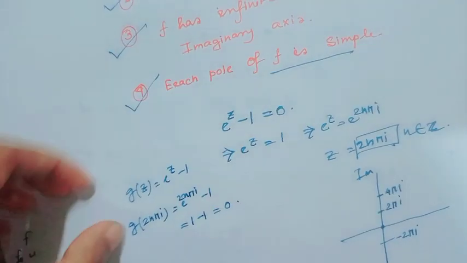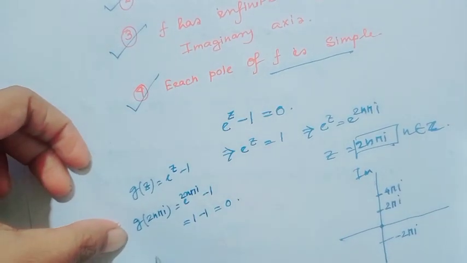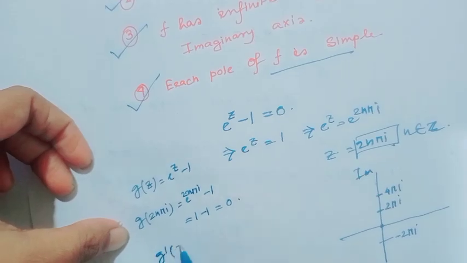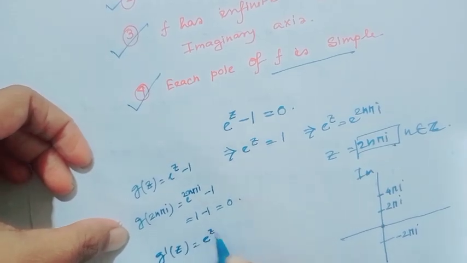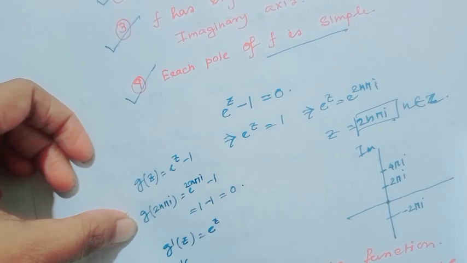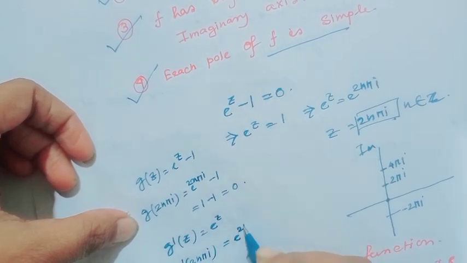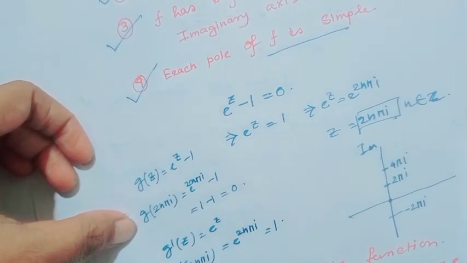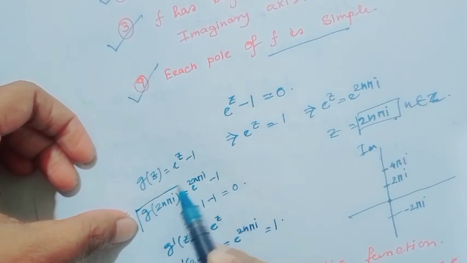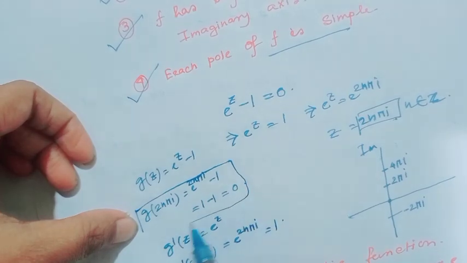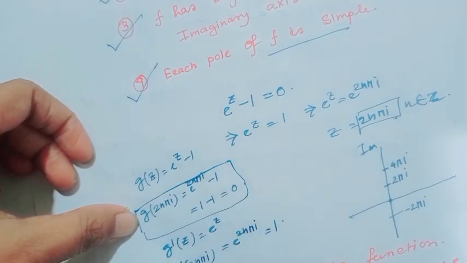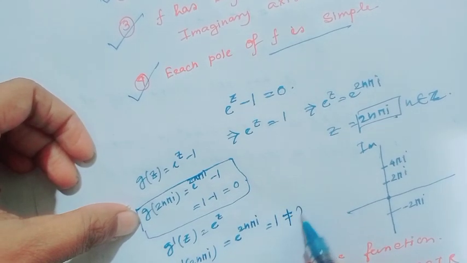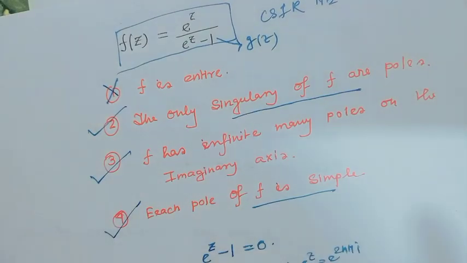But g prime z equals e to the power z, whose value g prime(2nπi) is e to the power 2nπi, which means 1. So g at the point 2nπi is 0, but g prime is not equal to 0. So each pole of f is obviously a simple pole.